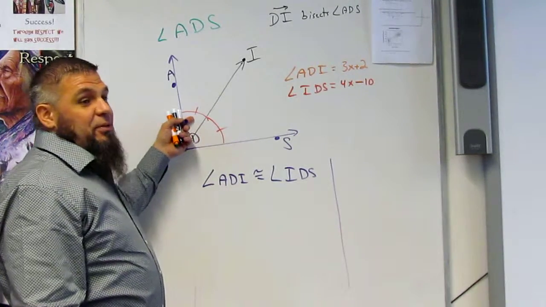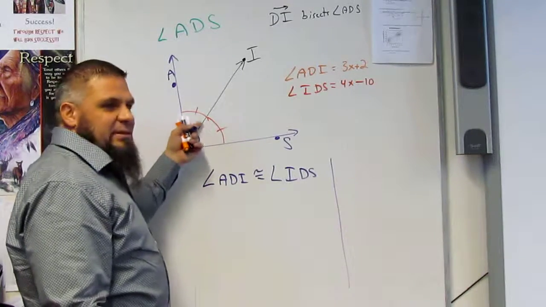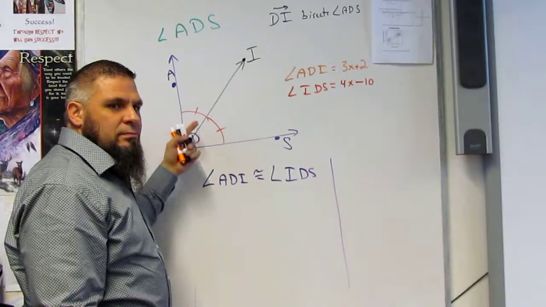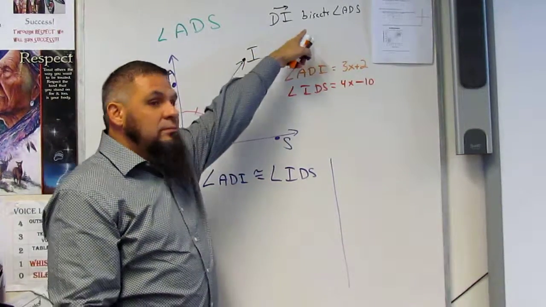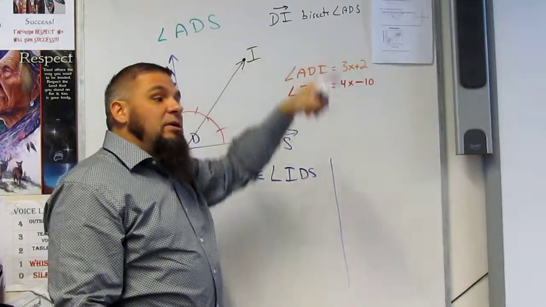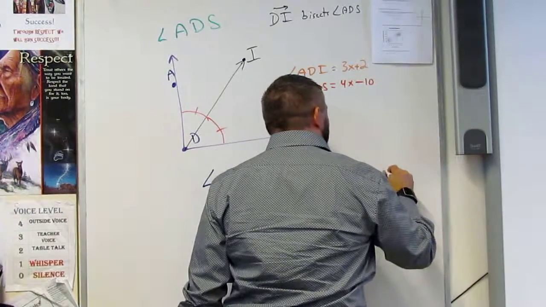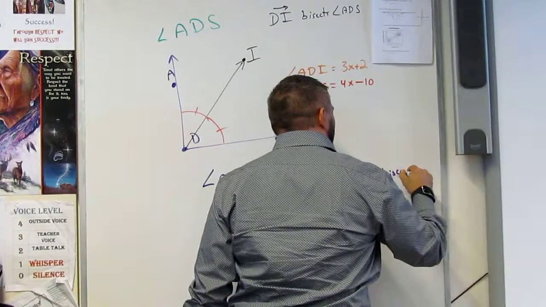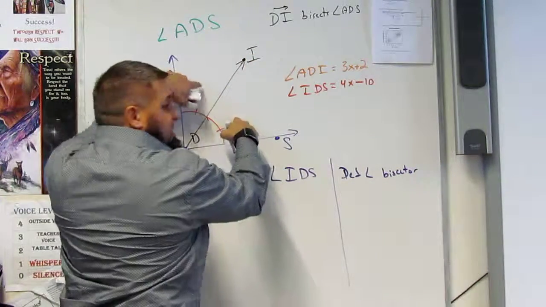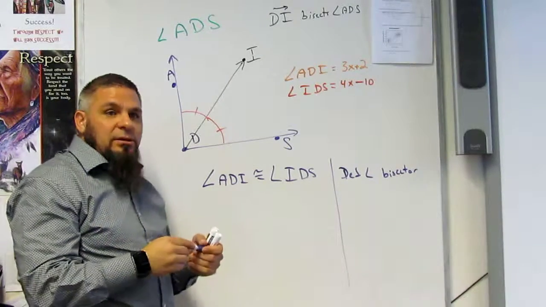Oh, well, I made those though, right? But yes, because of these bracket thingies. But what enabled me to say this? You remember? That's right, because it's a bisector. So, definition of angle bisector. Because this is an angle bisector, these are congruent. That's it. Definition of angle bisector.